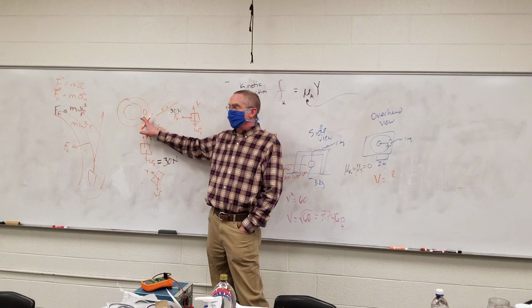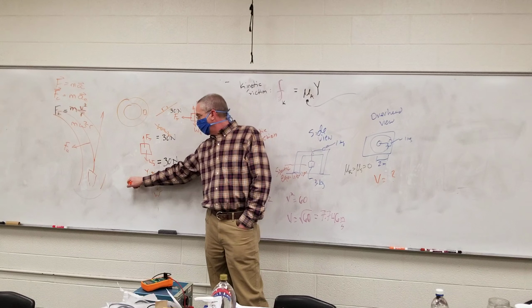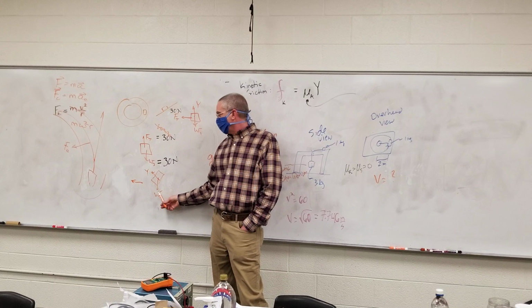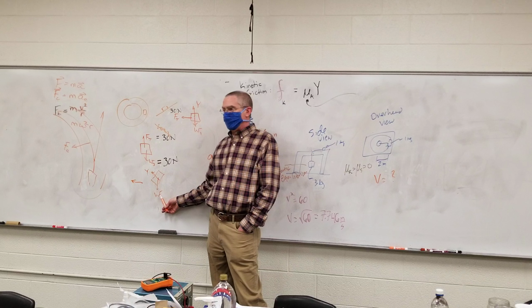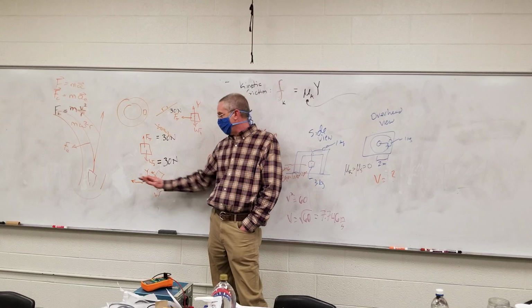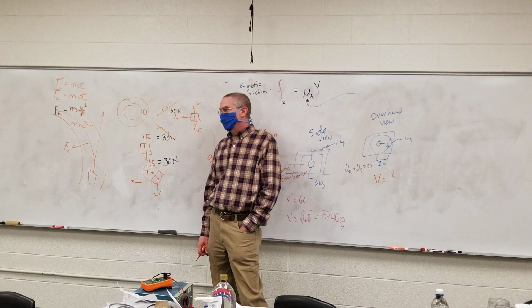Again, I'm picturing the car on the right side of that curve. So the center of the curve is that way. The weight is perpendicular to it, so the weight cannot be contributing there. The only force that has any part that is towards the center is the normal force.